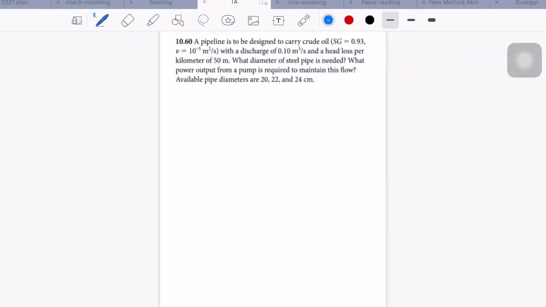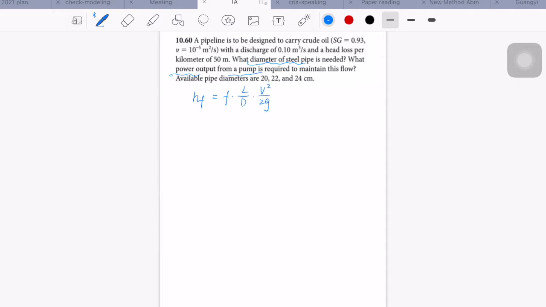For the second problem, we need to find the diameter of pipe and the pump power. So from the Darcy equation, we have that the HF should be equal to the F times L over D times V squared over 2G, and also equals the F times 8 times L times Q squared over G times pi squared times D to the power of 5.